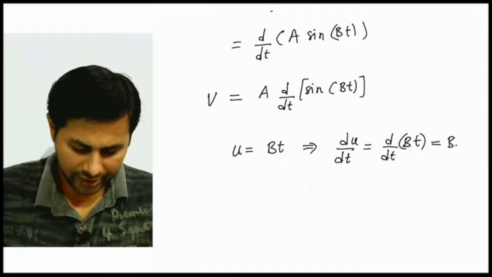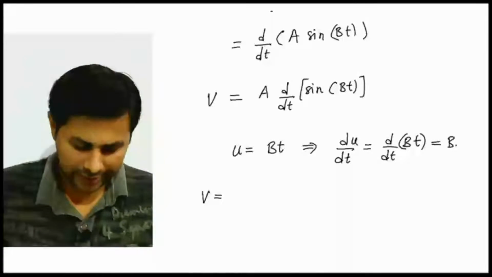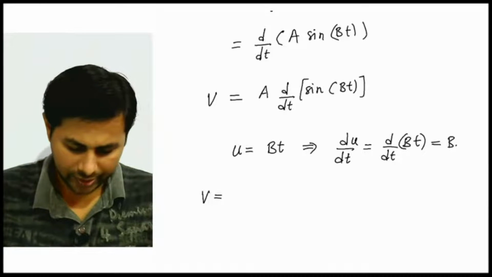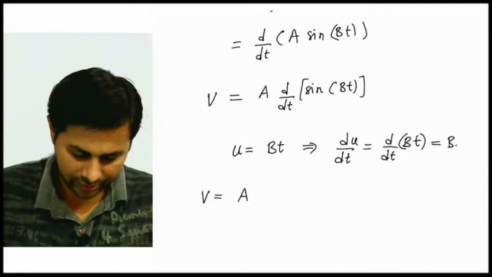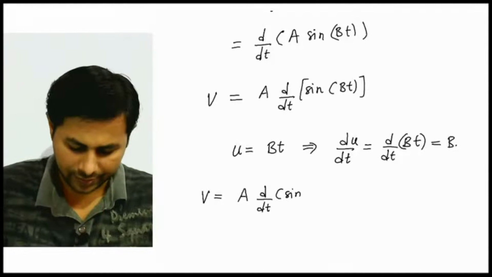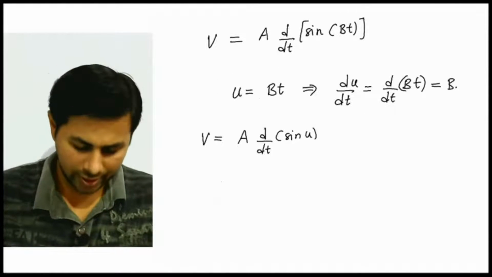So the chain rule says, let's write this in terms of u now. So we have a times d by dt of sine u. And how do we find these kinds of derivatives?